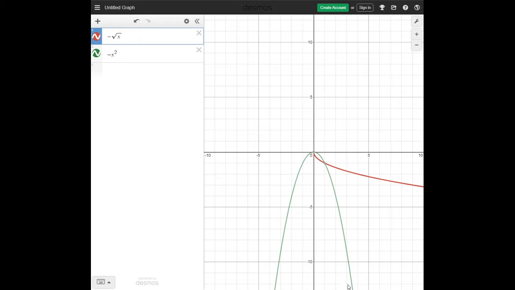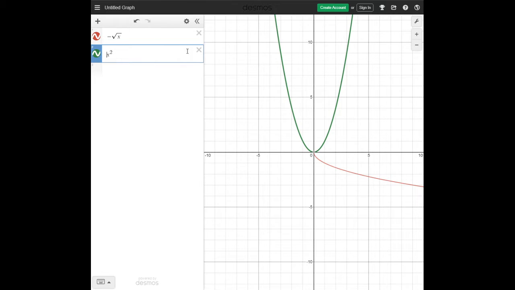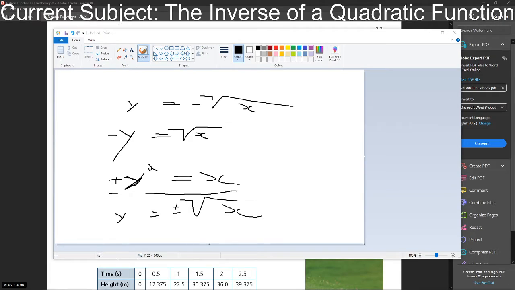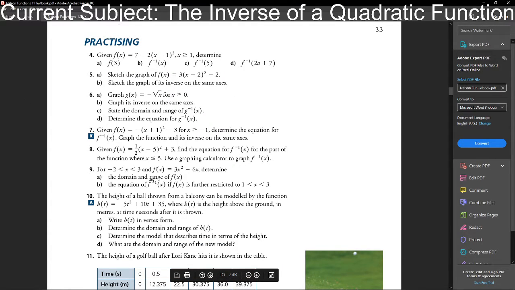Because the graph is... Oh wait, but... Of course, I'm still looking at the old one. Right, yeah, you're right. Yes, x would be restricted to greater or equal to 0, correct.